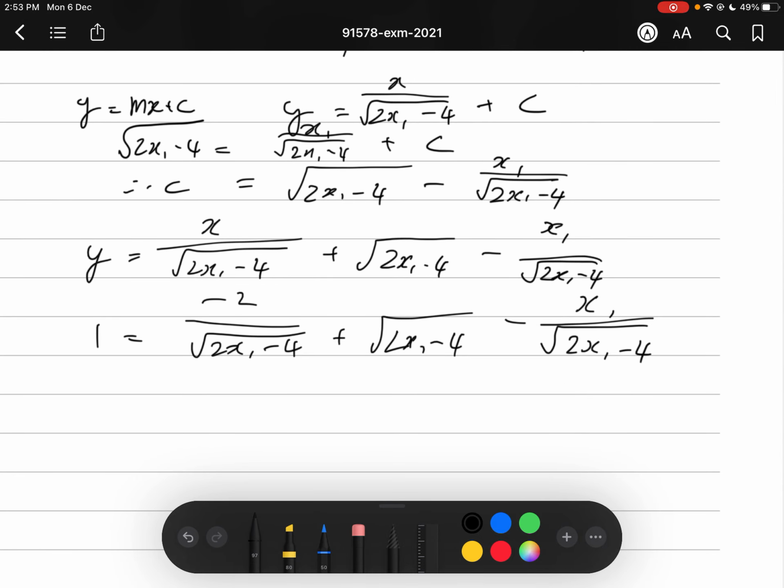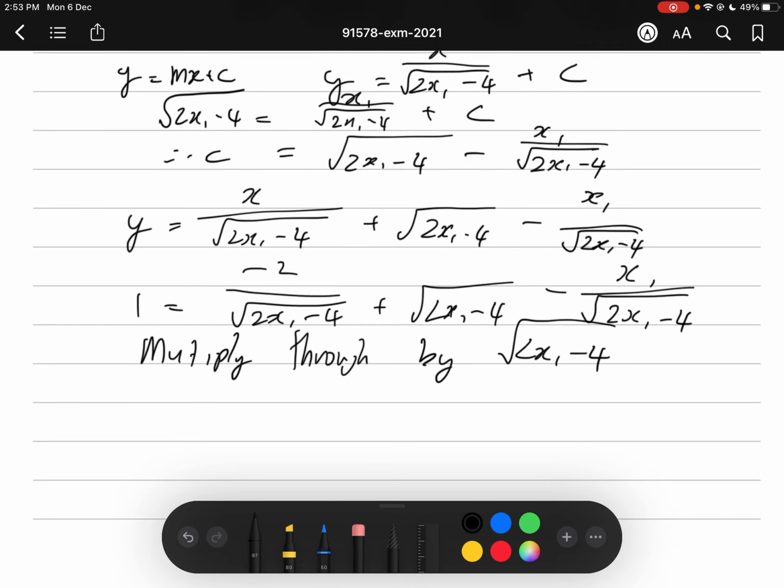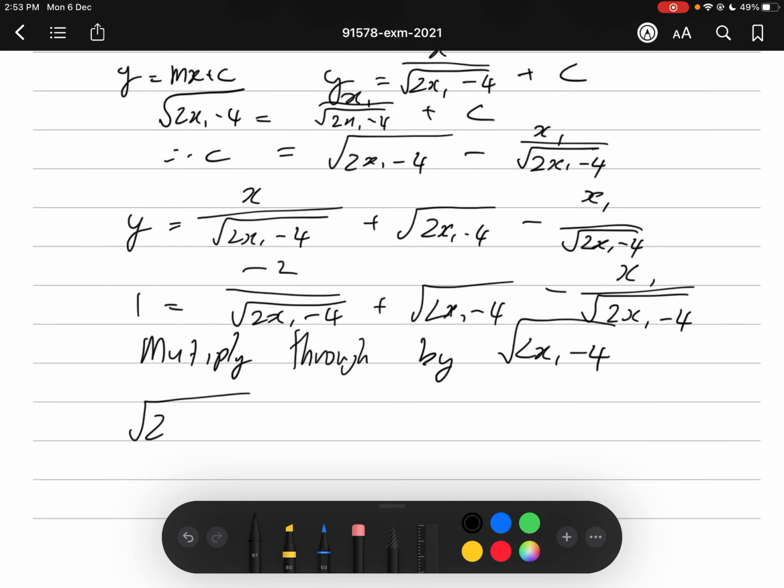For this one, we can just multiply through by the square root of 2x1 minus 4. So in this case, we'll have the square root of 2x1 minus 4 equals negative 2 plus 2x1 minus 4 minus x1.